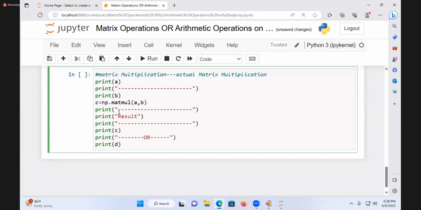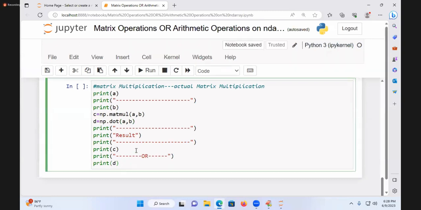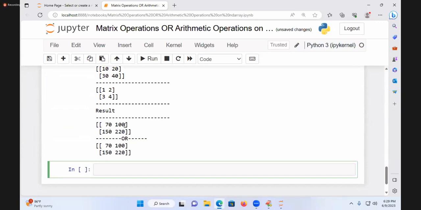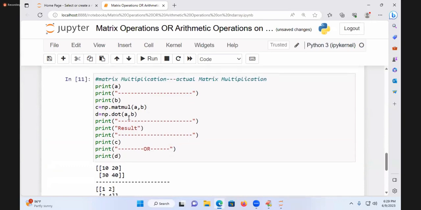You can also write D is equal to np.dot of A comma B. Both give the same result. See the answer now: 70, 100, 150, 220. This is the result of matmul and dot.